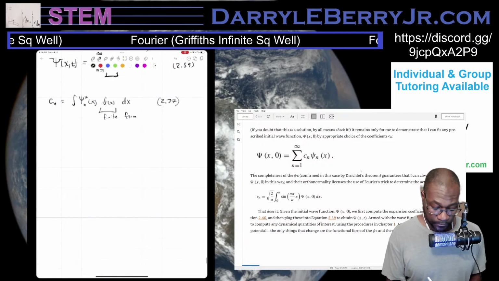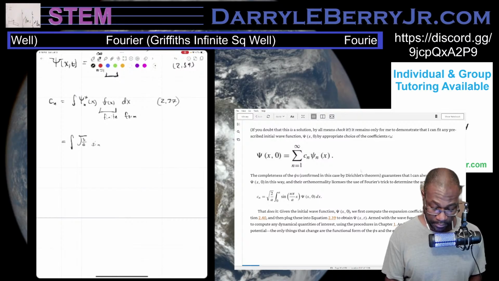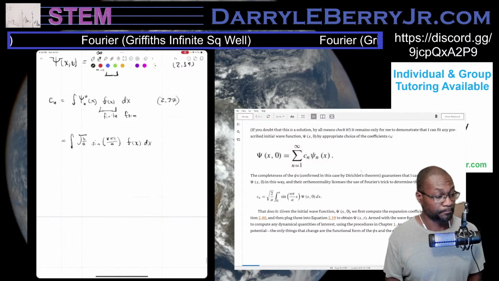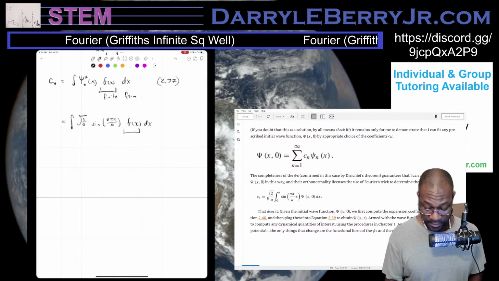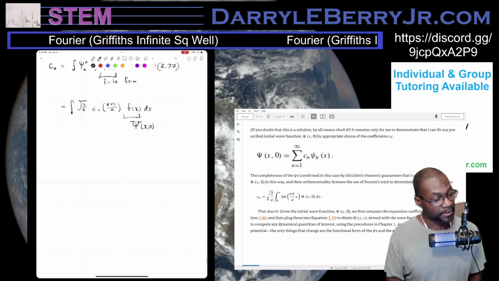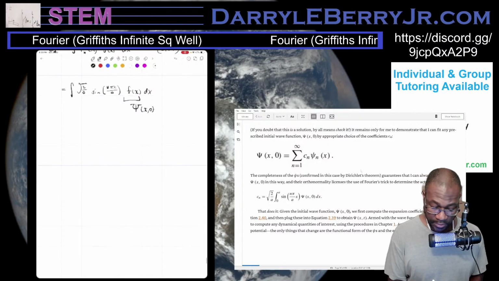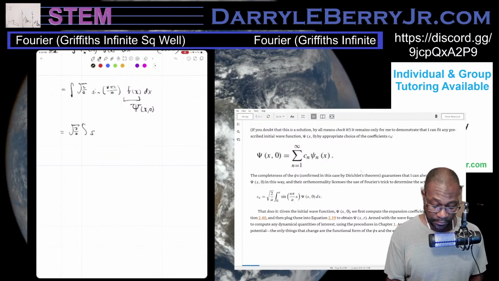So what I'll do is fill some of this in. We have that. And in this case, f of x is going to be the time-dependent psi at t equals 0. So we're just going to plug that in. They brought this out of the integral.